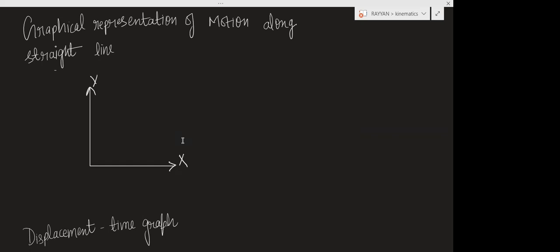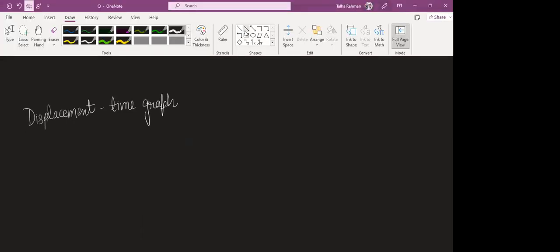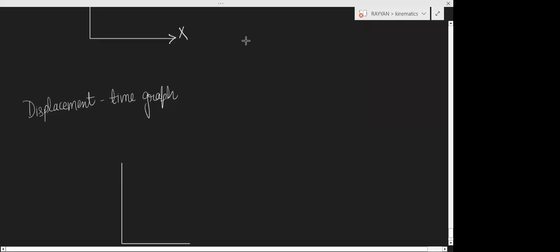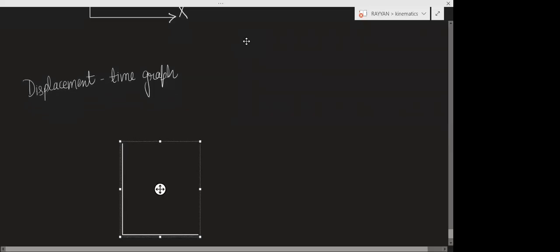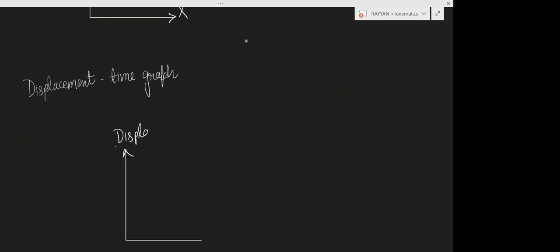In a displacement time graph, on y-axis we have displacement, on x-axis we have time.